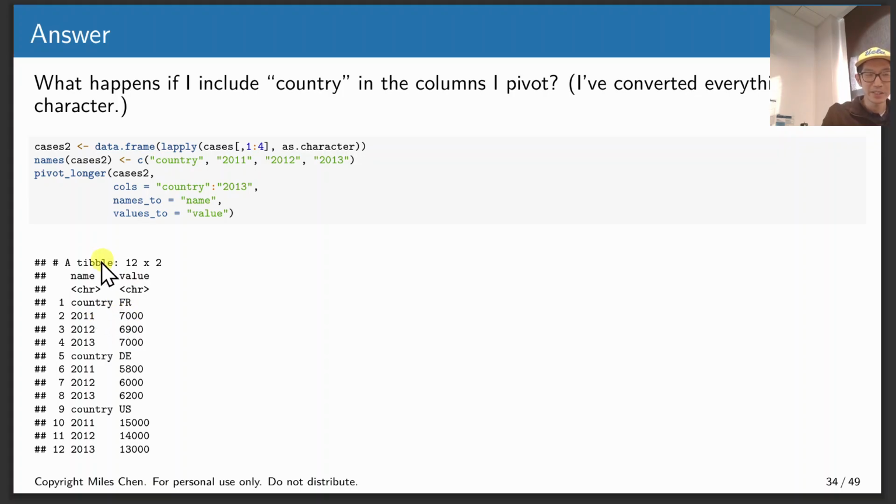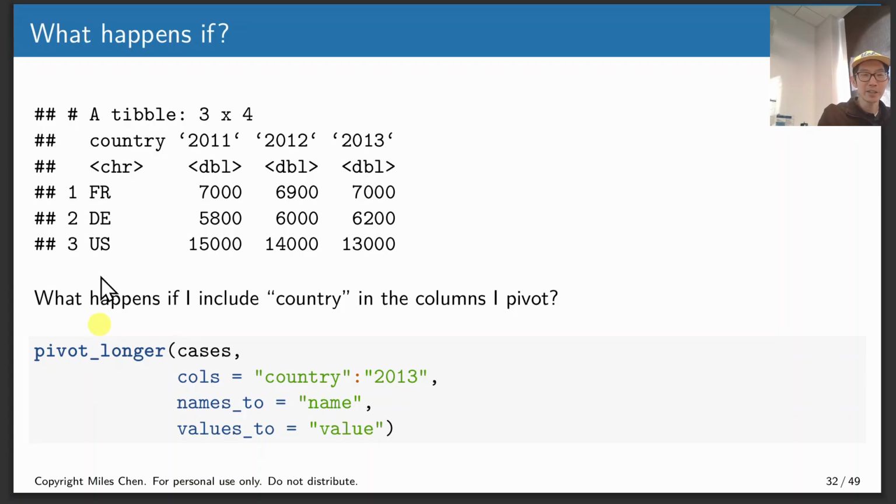And so it says you had country and the value was France, and you had 2011 and the value is 7,000. And basically it's like you have an X and a Y coordinate, kind of. It's just that you had a row name and a column name, okay? And you could define every single value this way, right?